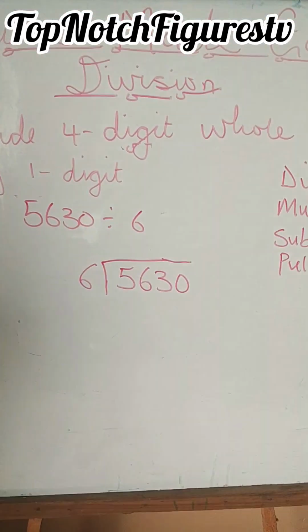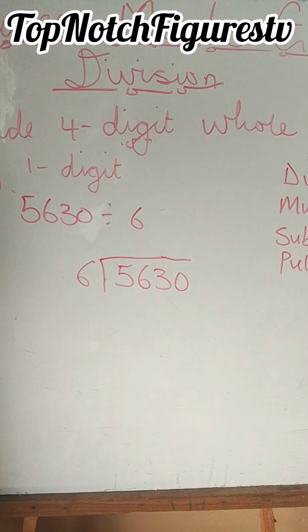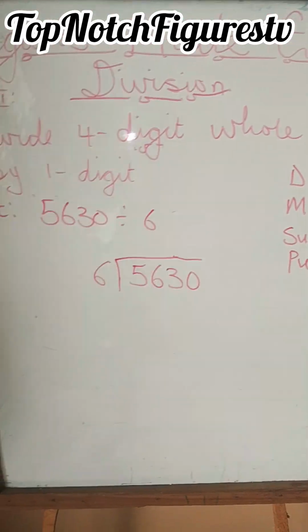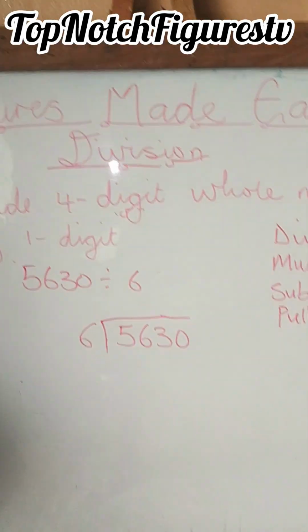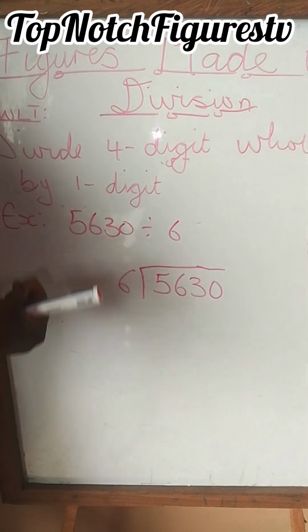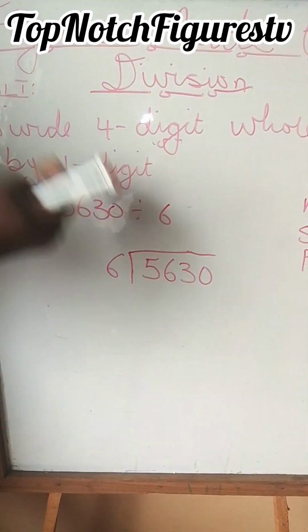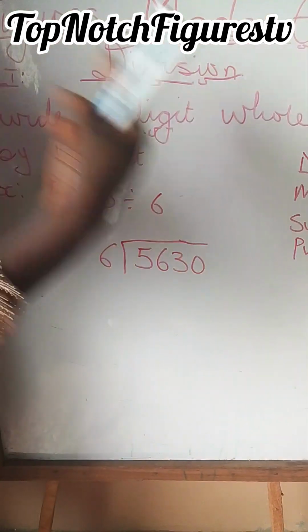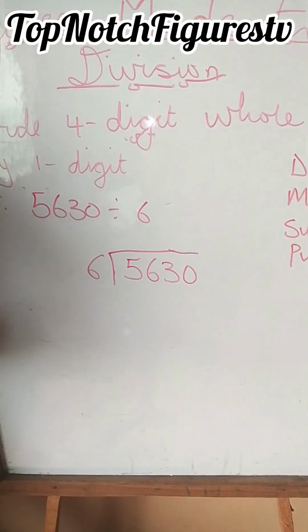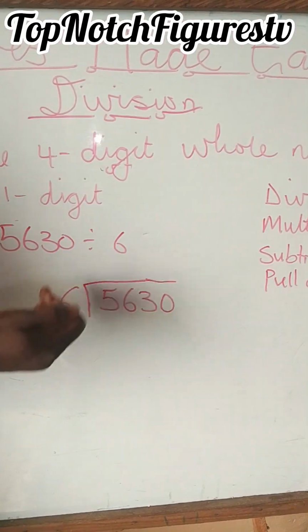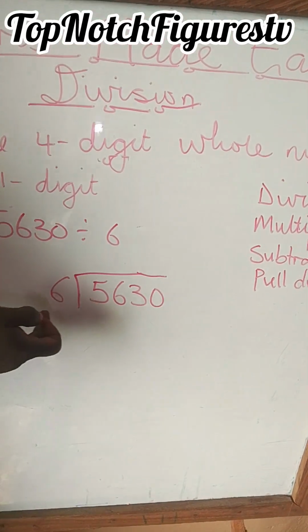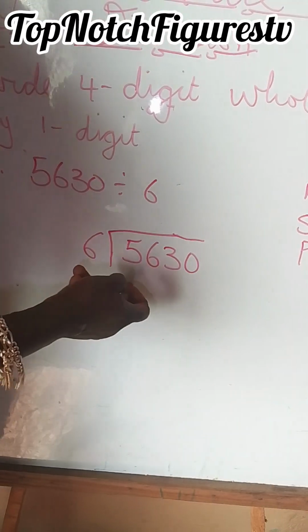Now you remember when we started earlier, we had 4,000 something divided by 3. I said since 4 is bigger than 3, we could divide that easily. But here we have 6, which is more than 5.